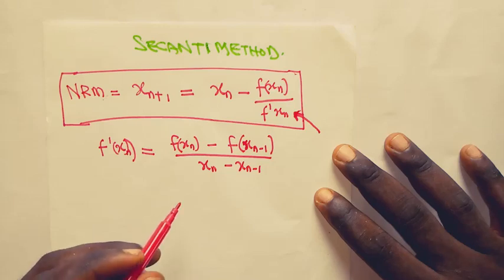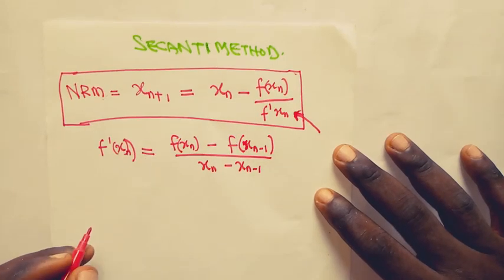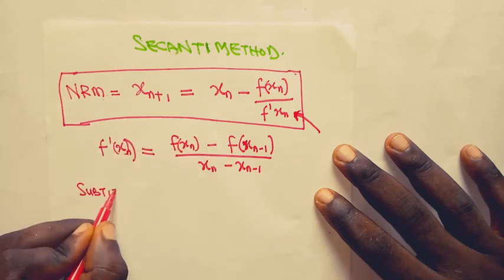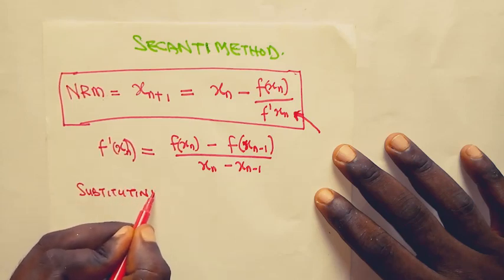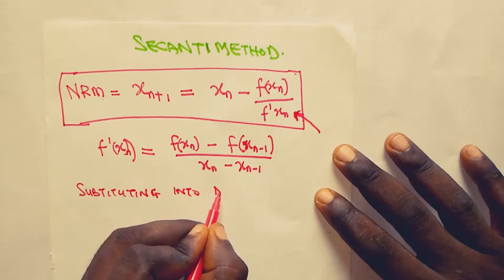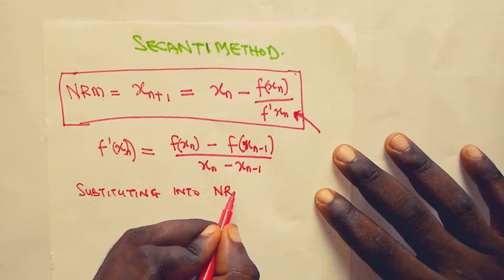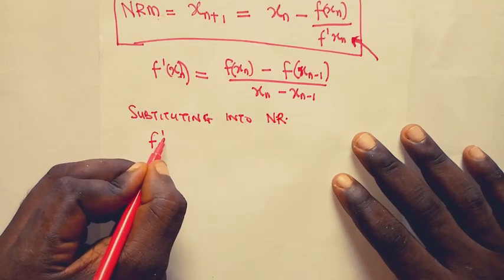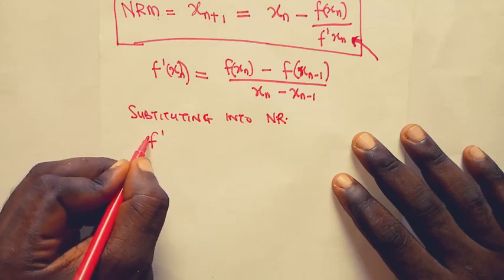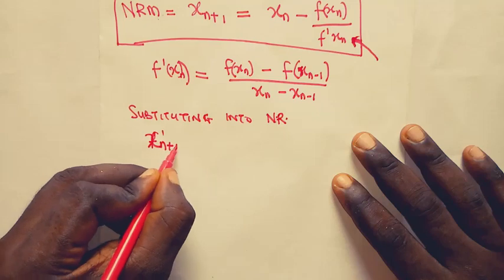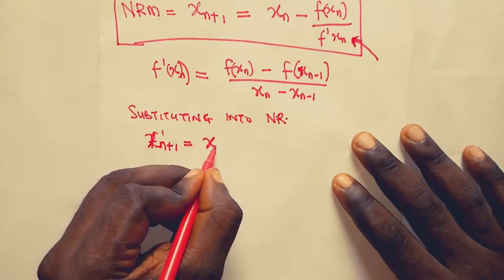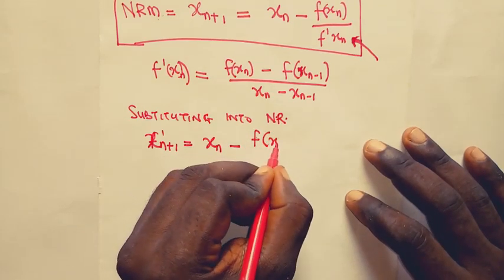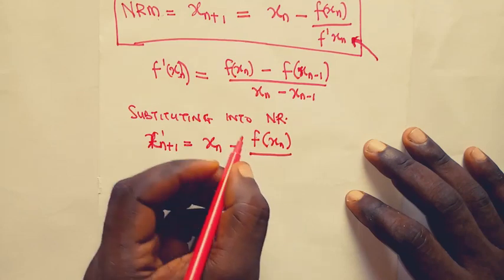And from here, if we substitute this into Newton-Raphson's formula, we're going to have x_{n+1} equals x_n minus f of x_n divided by the entirety of this.